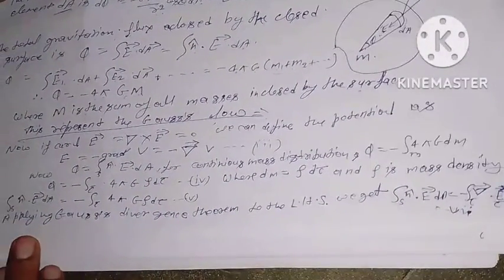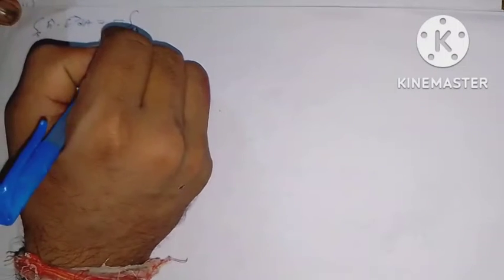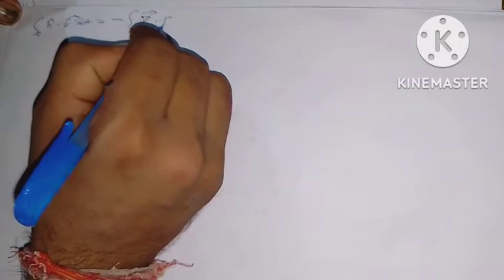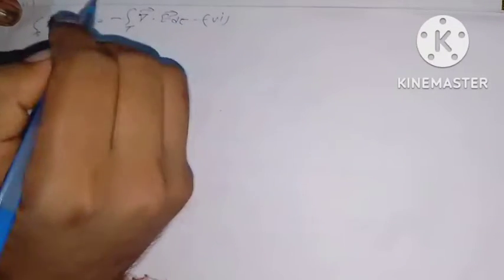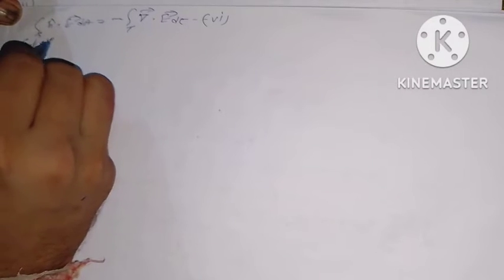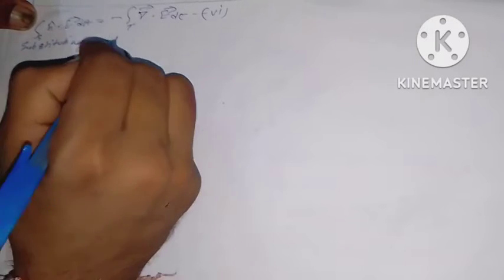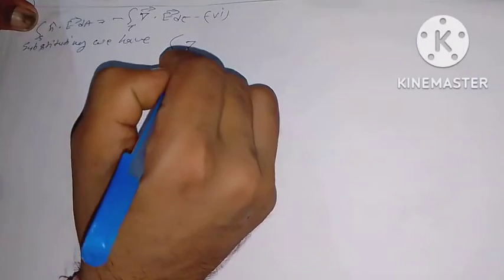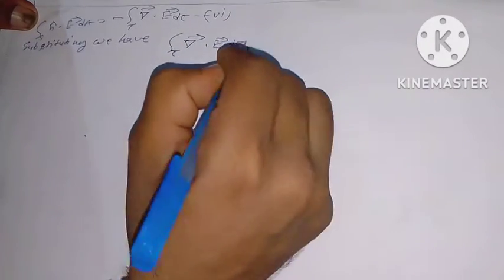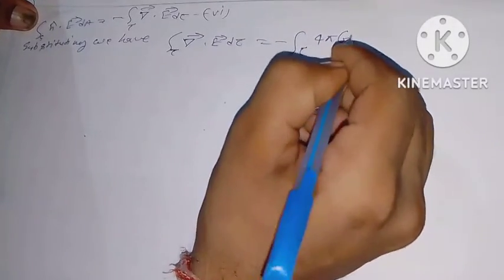Substituting equation 6, we have the integration over tau of vector del dot vector E d tau equal to minus the integration over tau of 4 pi capital G rho d tau.